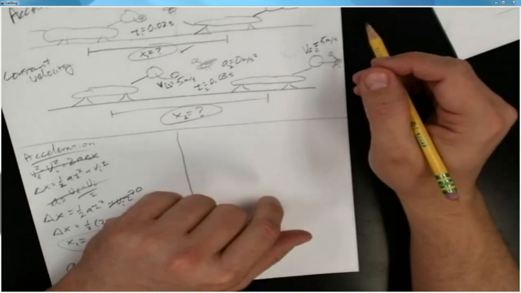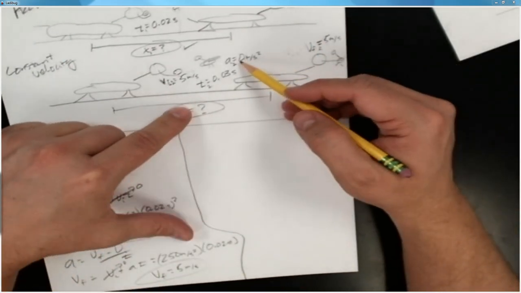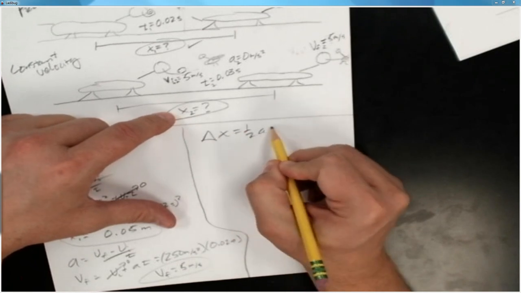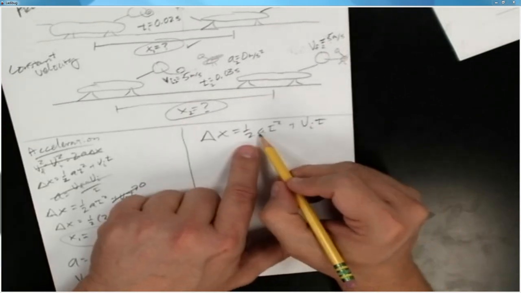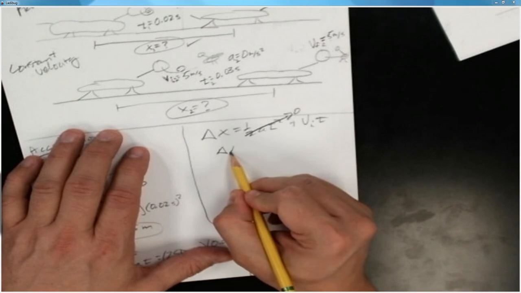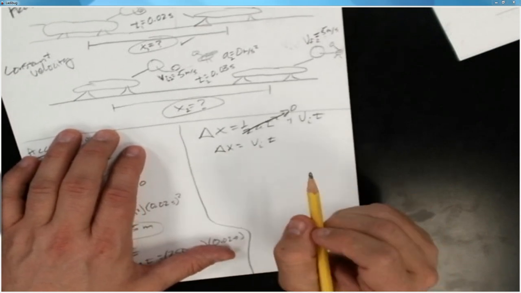All right, we're doing good now. All we got to find is distance. There's no acceleration. My favorite equation. I have no acceleration, so this becomes 0. And my equation becomes distance equals rate times time. That's the equation when you have no acceleration.